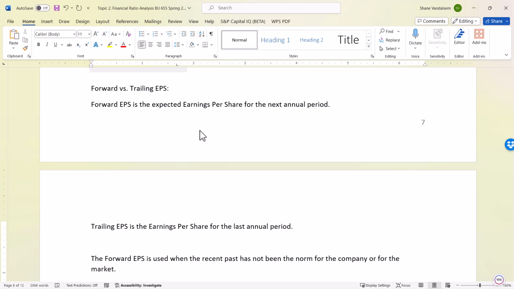So we can think back not too long ago. The calendar year 2020 was hard for a lot of firms because people stopped going out, they stopped shopping a lot, they stopped traveling, they stopped eating out, and really it doesn't represent the norm for many firms out there. And so, especially for larger firms that are better covered by analysts, that forward EPS is a very good number to use because it represents what people expect to occur in the future, rather than what happened during a specific year that isn't representative of the firm.